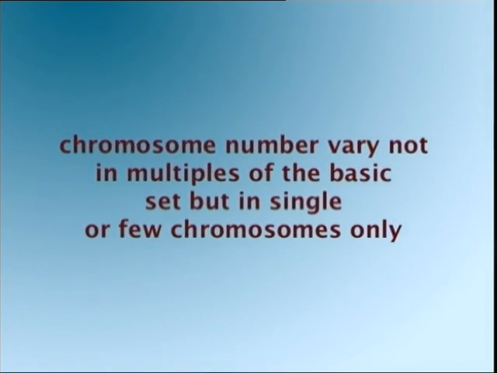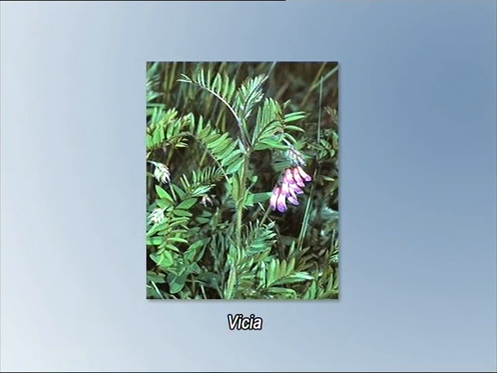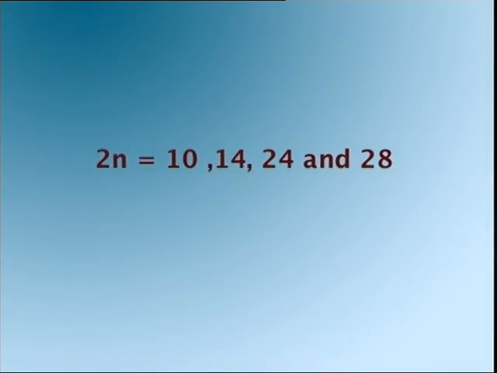The type of polyploidy referred to hitherto is known as euploidy, but aneuploidy, where chromosome numbers vary not in multiples of the basic set but in single or few chromosomes only, is also common. In the genus Vicia, there are chromosome numbers of 2n equal to 10, 14, 24 and 28, obviously consisting of aneuploids clustered around the diploid and tetraploid levels.